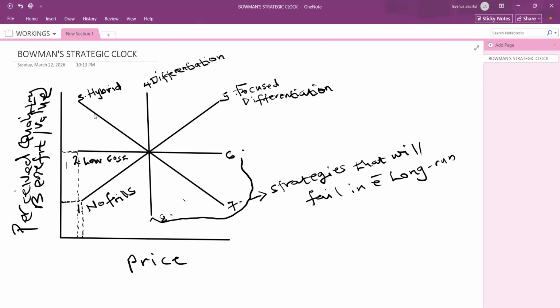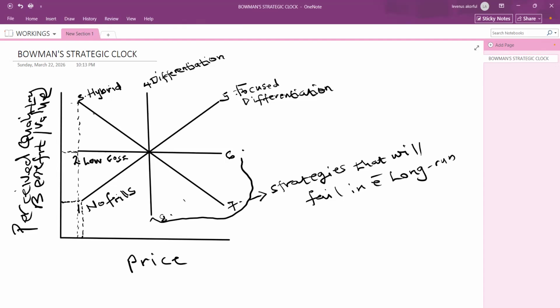Right, let's plot the third one, which is the hybrid. I think after this slide, because I'm doing the explanations on the slide here, let's plot onto our x-axis. Looks like these people, if we plot it down, it is still below average price. And let's see the perceived quality.